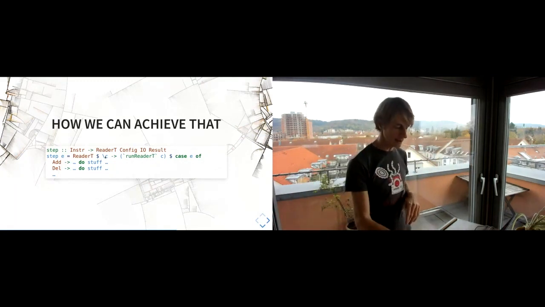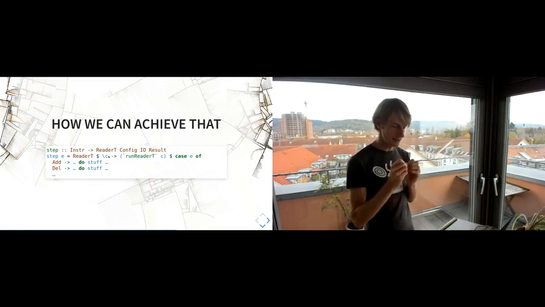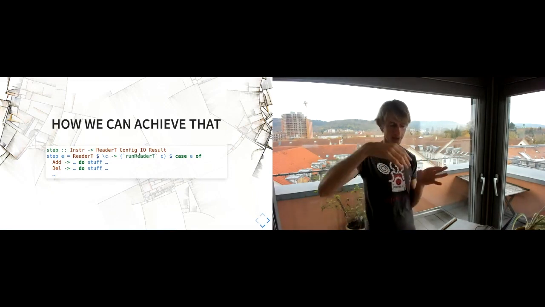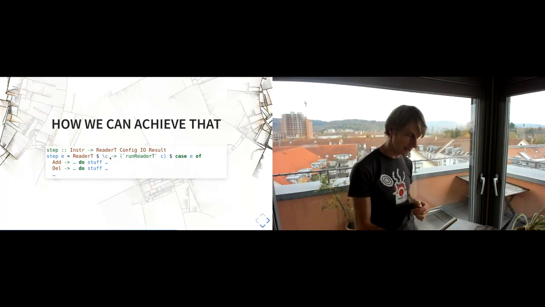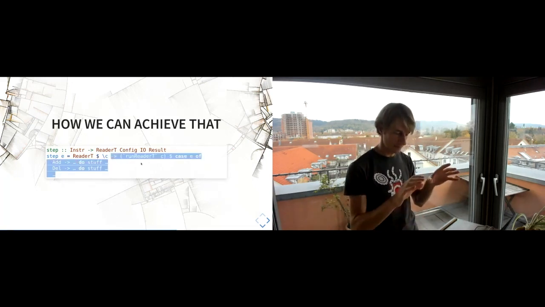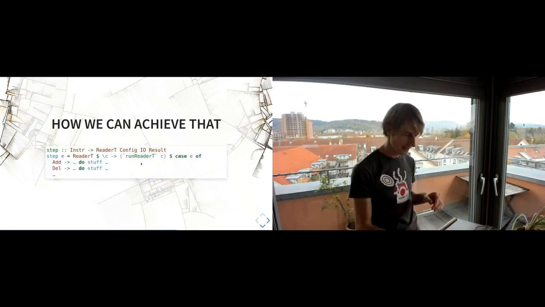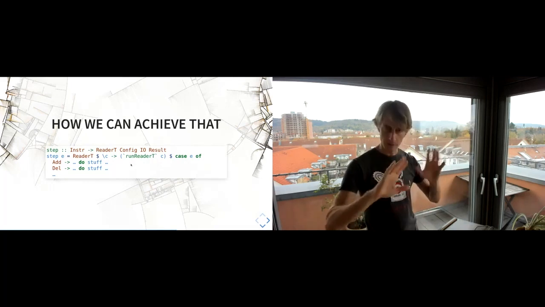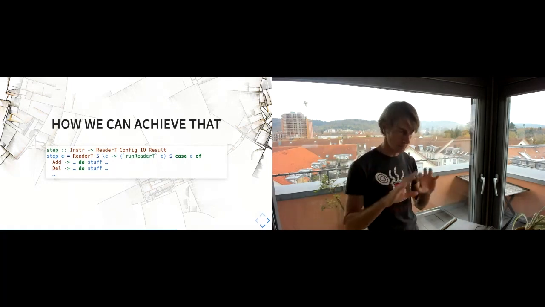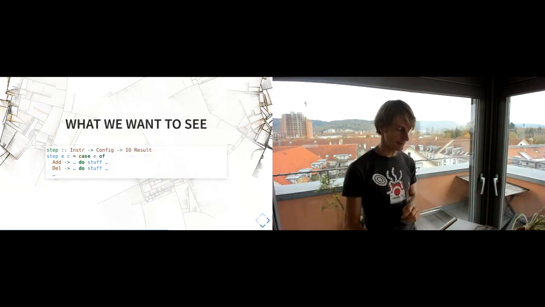I write the lambda here to take the config, and then just pass it back into the ReaderT abstraction for the rest. The benefit of that is that this lambda now spans the whole body of the function. And that allows the compiler, after removing all the ReaderT newtype things, to turn this into the code that we wanted to see.